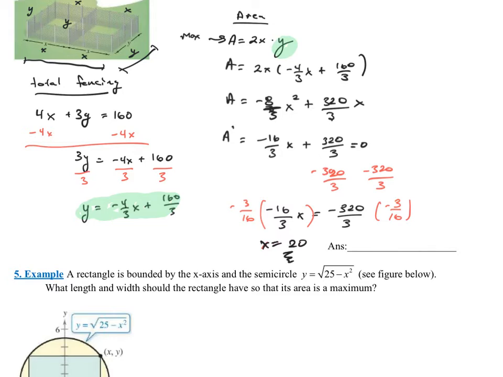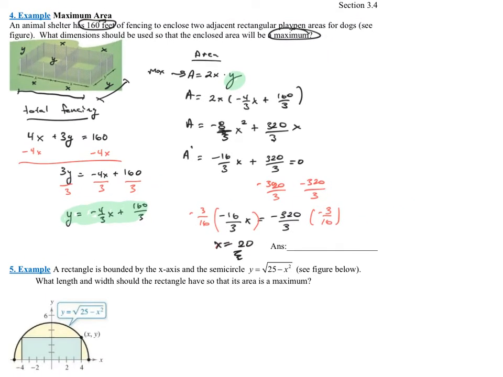Okay, so this is our derivative. We got our critical value. We need to make sure this critical value is a maximum or a minimum. Since the first derivative is not too bad, I'm going to use the second derivative test rather than the sign chart. The derivative of negative 16/3 x is simply negative 16/3.